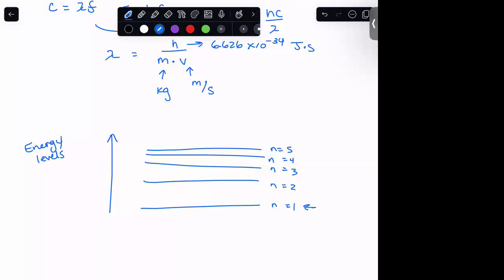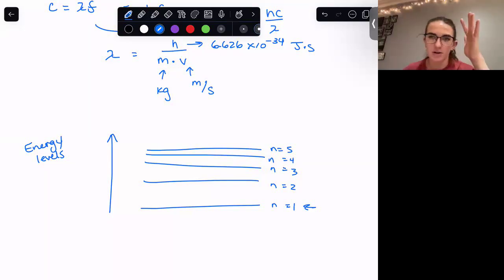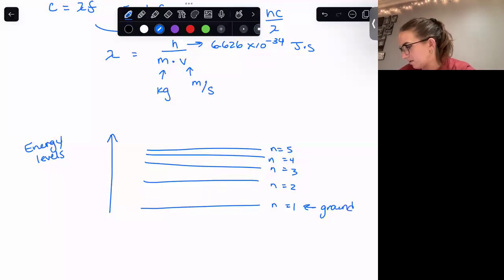The first energy level? Think more. Okay, so let's just think. Ground state. Yeah, perfect. That's your ground state, your lowest energy. Sometimes it doesn't necessarily have to be n equals 1 as it is for hydrogen, but your ground state is where all of your electrons are in the lowest energy state possible.